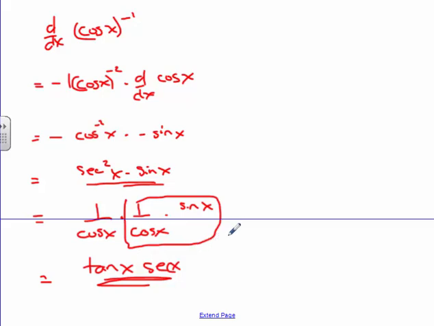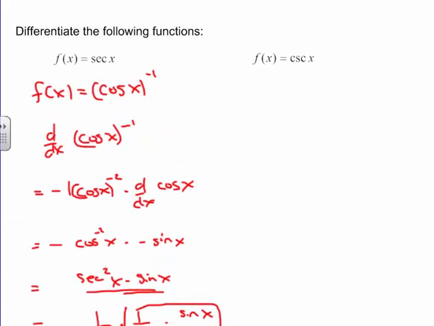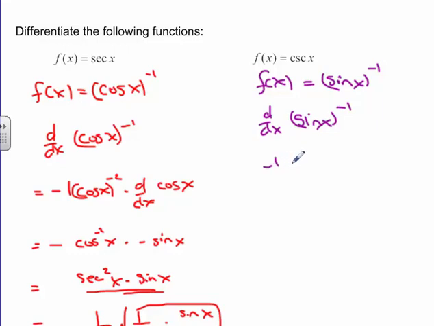So, okay, let's do the last one here. Let's try to do cosecant. Again, let's play that same sort of trick. Let's do sine x and then make it go to the -1. And then let's do the exact same derivative. So if you want to find the derivative of sine x to the -1, it'll be -1 sine to the -2 x, right?